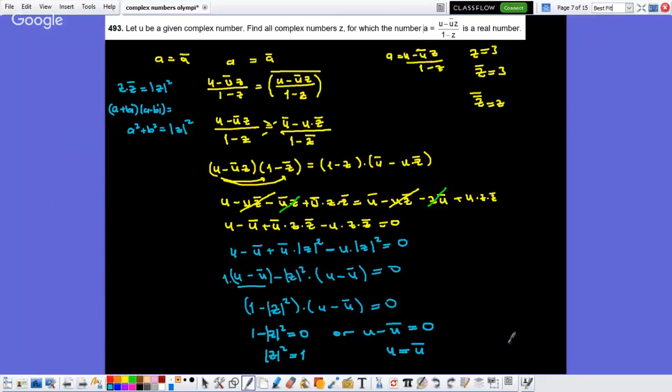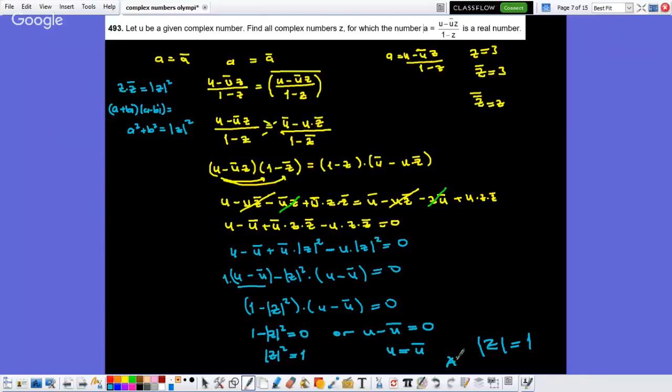This is distance. That's why the modulus of z is going to be equal to 1. So for all complex numbers which have modulus 1, this expression is true. All complex numbers with modulus 1 are the answer to the question.